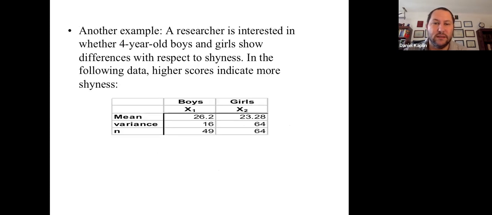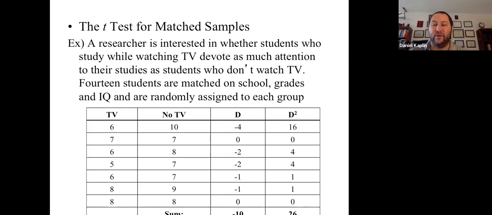So let's see. I'm going to press pause on this example because I've demonstrated 2. I really want to get to dependent samples t-test or repeated measures t-test or matched samples t-test.